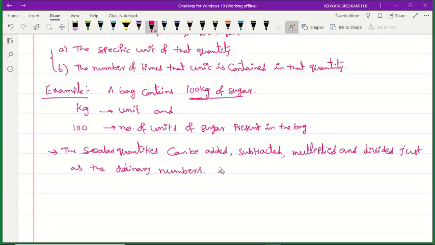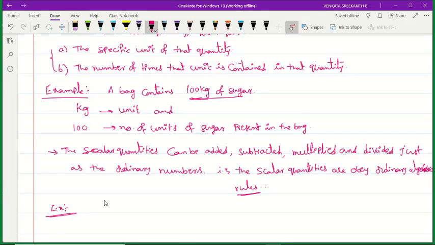That means scalar quantities obey the ordinary algebraic rules.